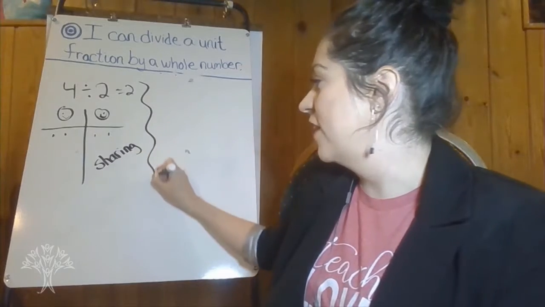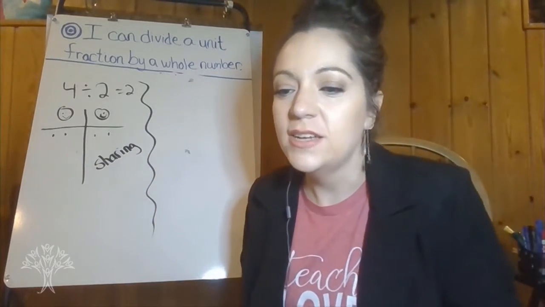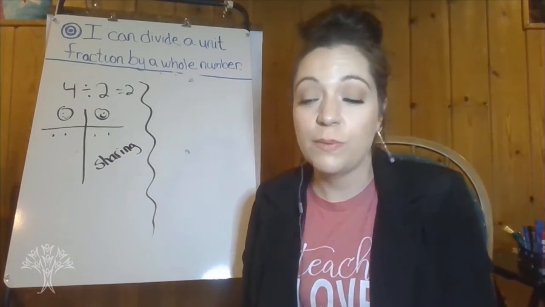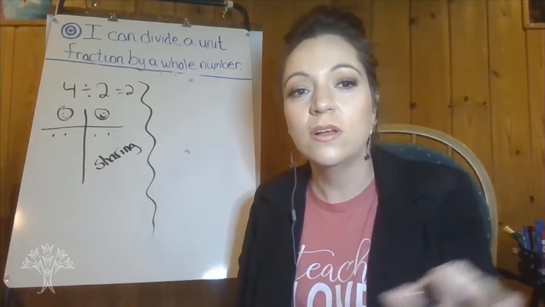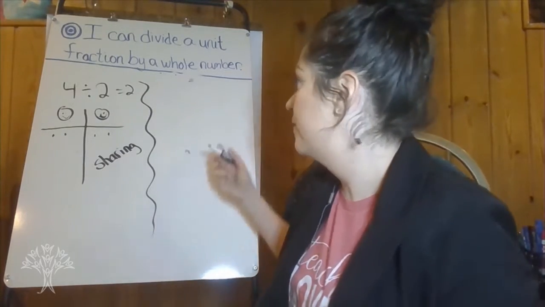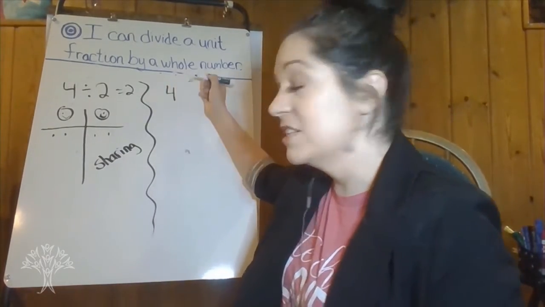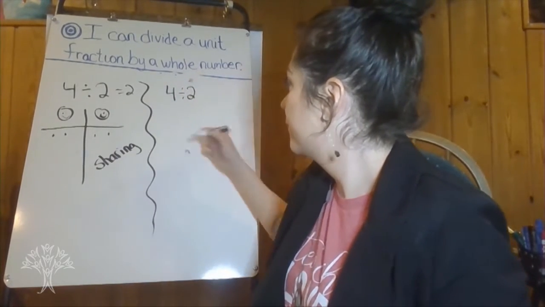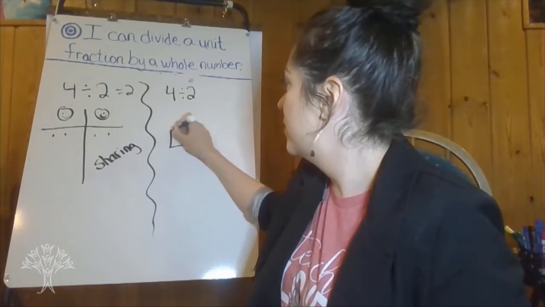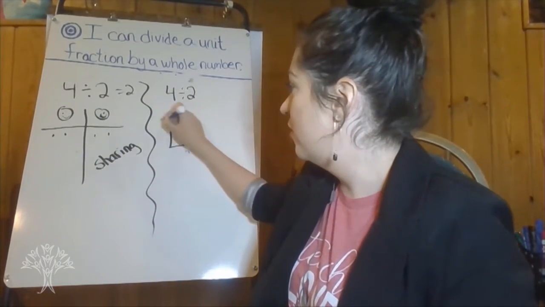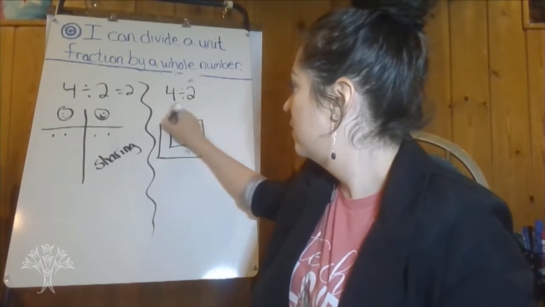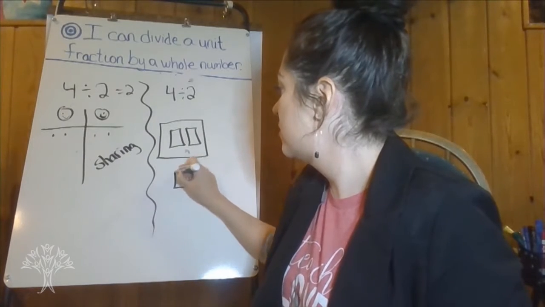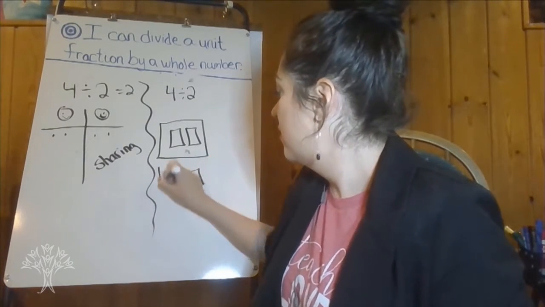But what about the second one? Okay, so 4 sports posters, and you're pinning up 2 on each wall until you run out. Again, the expression is 4 divided by 2. I'm going to put 2 posters together on this wall, and then 2 posters together on this wall.